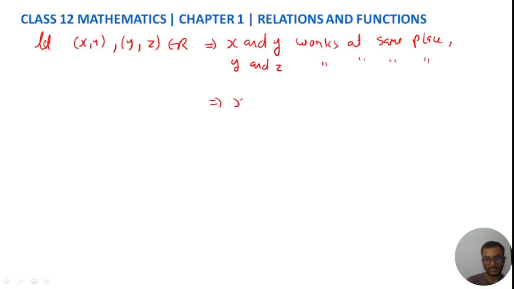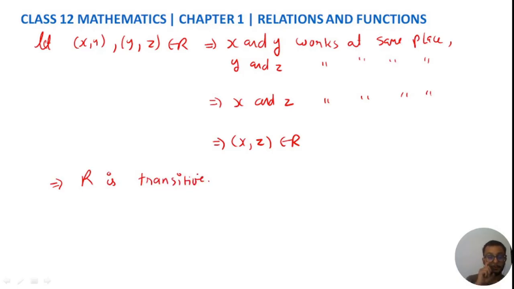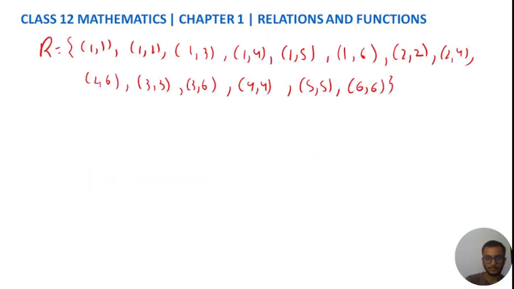But this also means that x and z work at the same place, because x and y work at the same place and y and z work at the same place. This means (x, z) is in R. Thus R is transitive, because we arbitrarily picked (x, y) and (y, z) from R, and we have (x, z) in R. So our R is symmetric, reflexive and transitive.